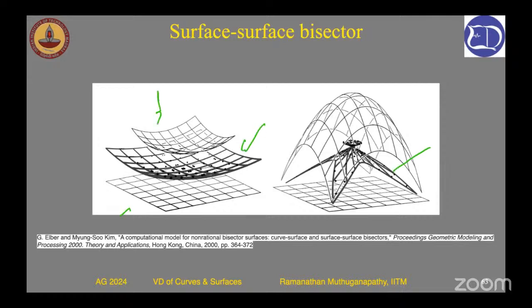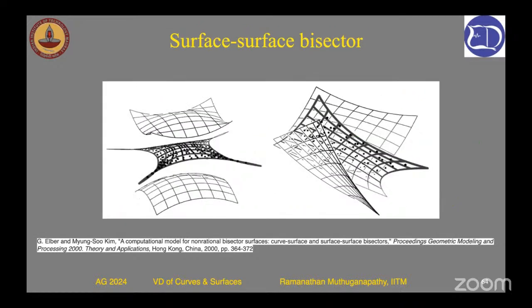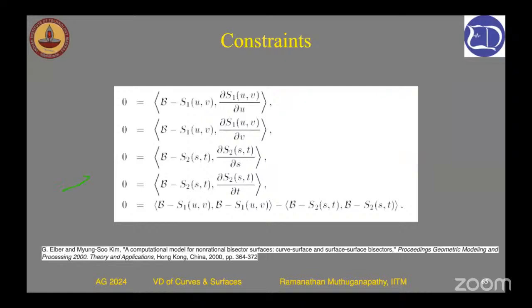We saw a very similar 2D example some time back, and a similar example is between a plane and a high curvature surface. You can observe that it is pretty complex. This is a surface bisector case, and you can do a numerical computation of it, which was presented by Gershon and Kim long back.